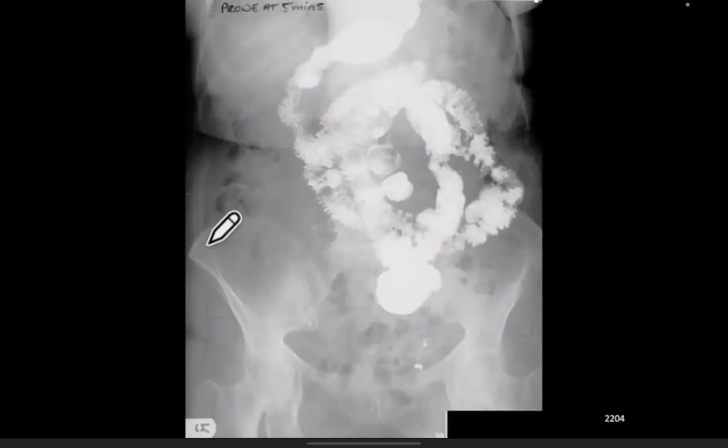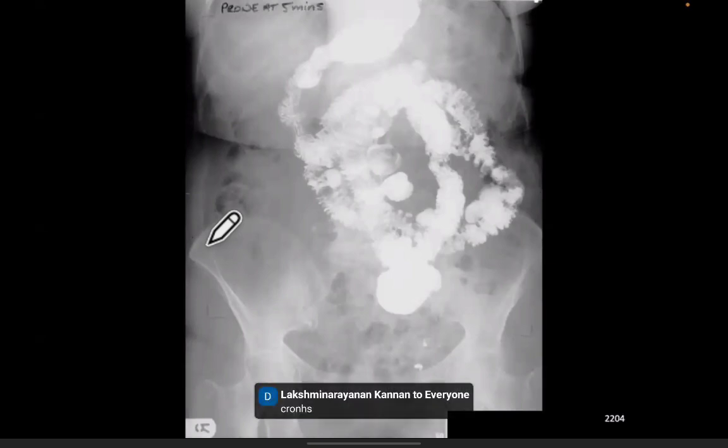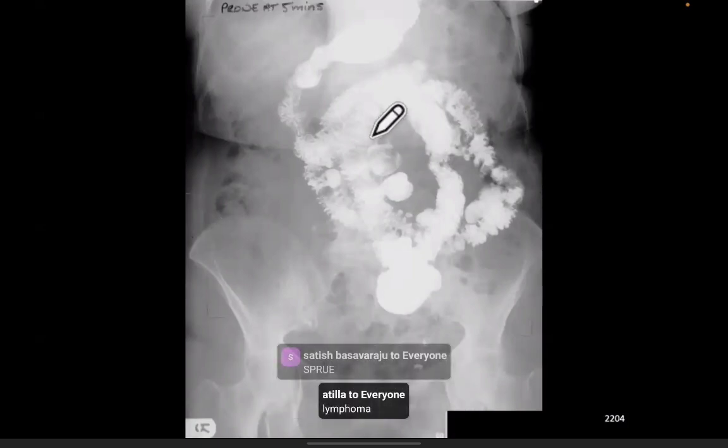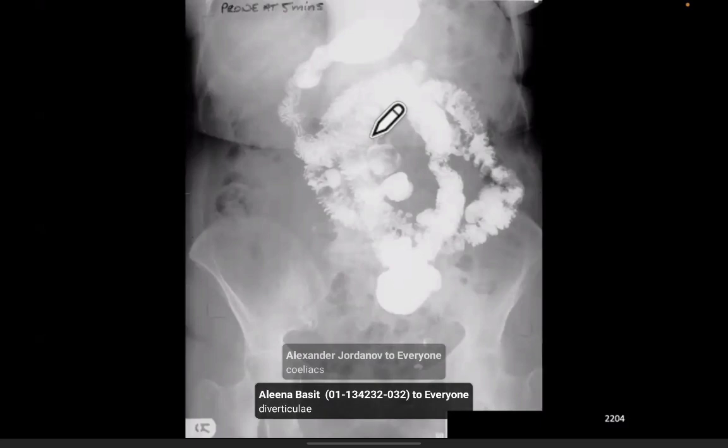Okay, small bowel meal for somebody who is suffering from malabsorption. Not scleroderma. Jejunal diverticulosis.